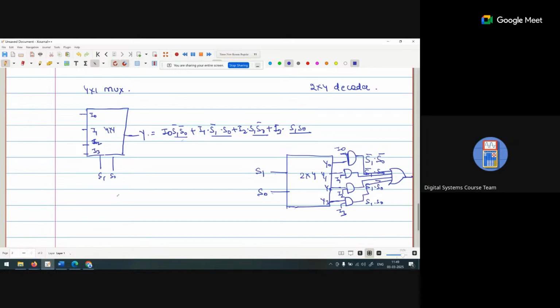So this is the simplification form of the mux and decoder. This is basically the comparison between the mux and decoder. If we design a mux using the decoder, we require the AND and OR gate. Now the thing is the tri-state.